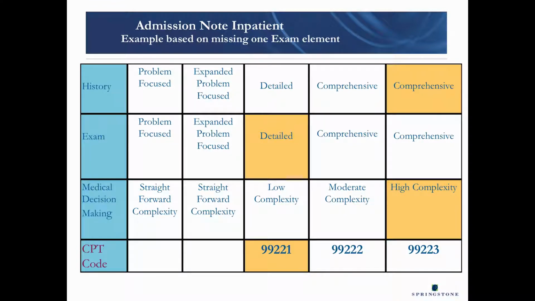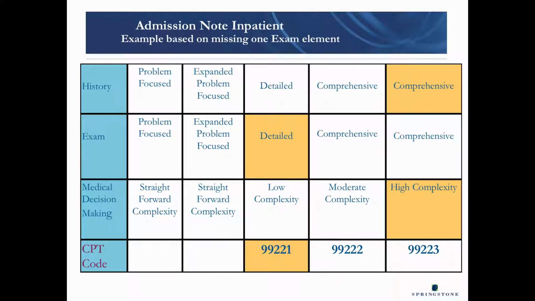Well, as an example, if you had a comprehensive history and high complexity medical decision making, but only a detailed exam, and if you go back, you can see that a detailed exam would be because you need for comprehensive exam every single bullet.